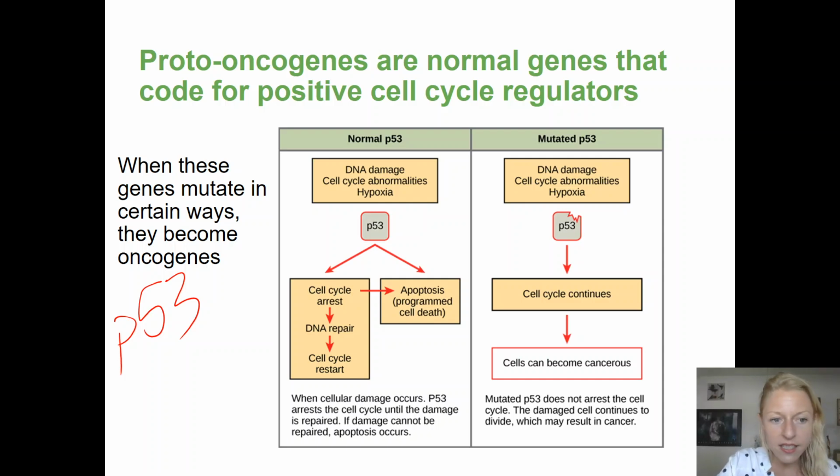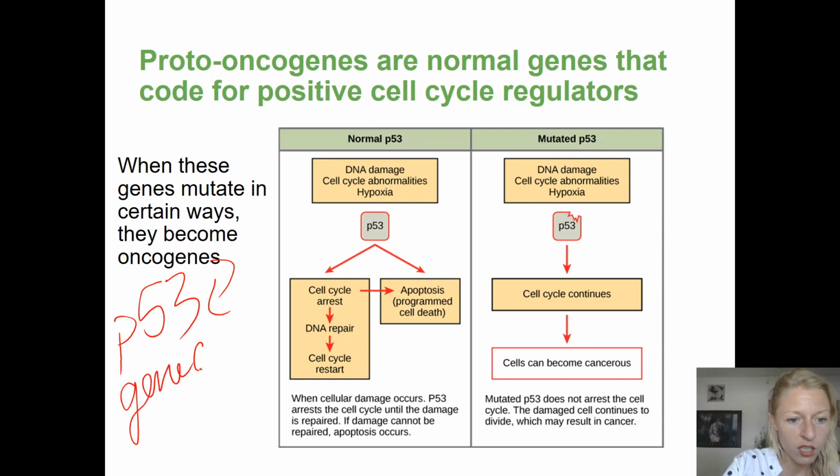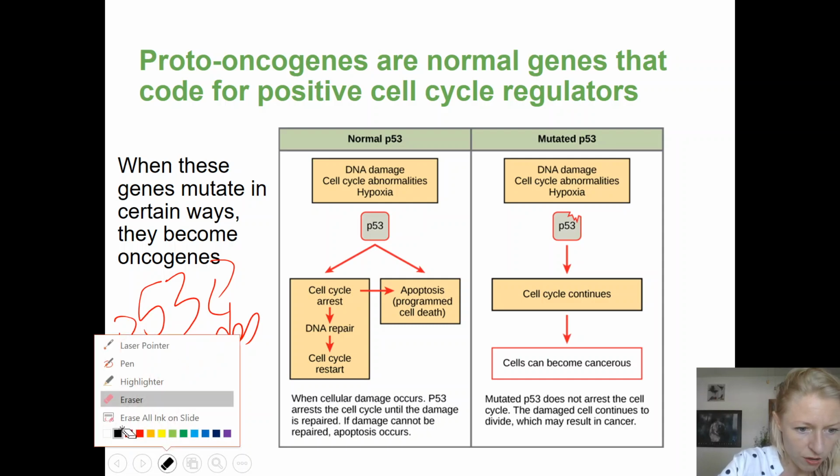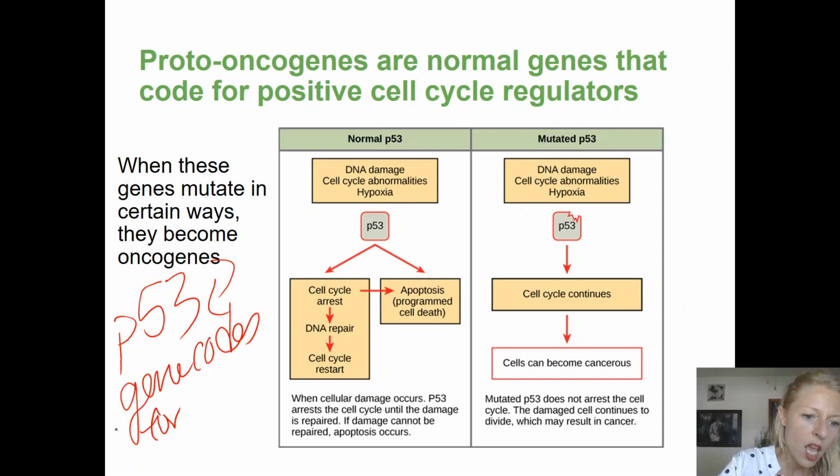The reason for that is that the gene codes for a protein. Oh no! I learned how to erase. I have an eraser now. But I have to get my pen back, and we'll change colors. I always forget to do that.